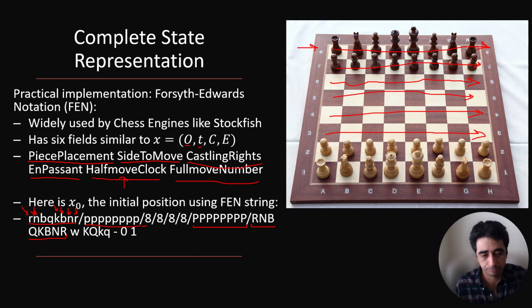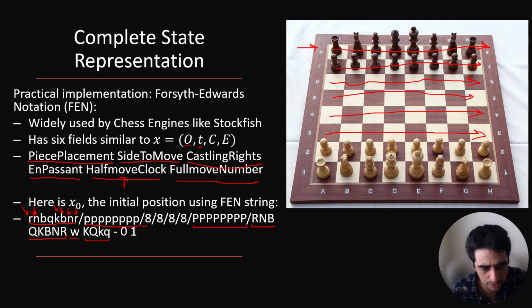And then after the piece placement string, you see the side to move. w means white needs to move because white is always the first mover. And then it shows you the castling rights. Castling rights would be complete. All four castlings are possible. Both the white king and white queen can make their moves.